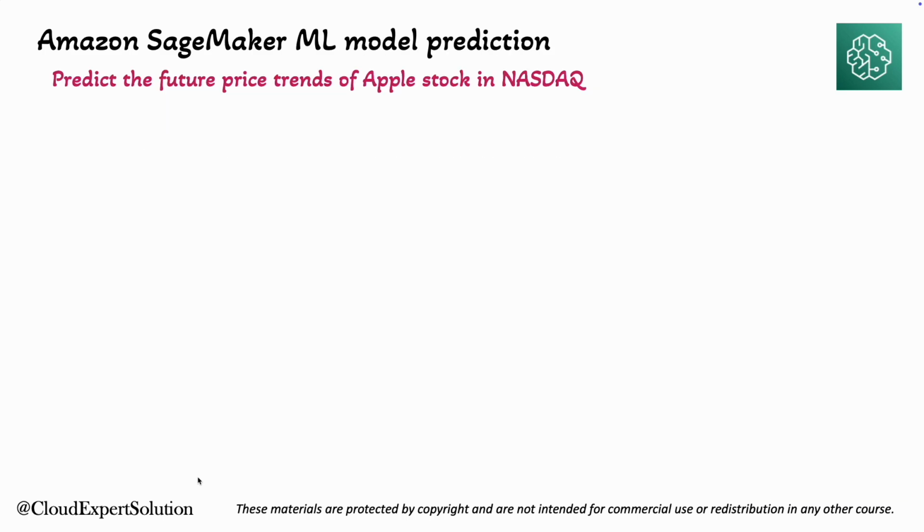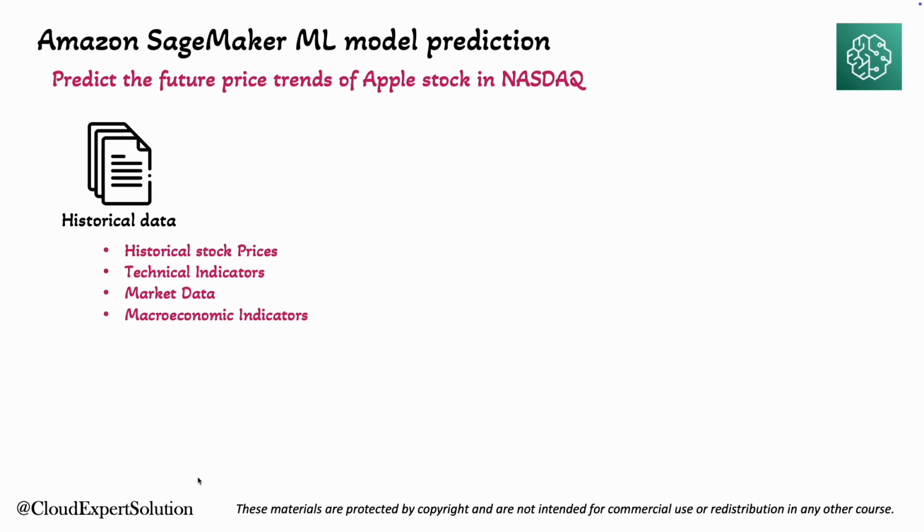Now we will review how Amazon SageMaker machine learning model prediction works. Let's assume that we want to predict the future price trends for Apple stock in NASDAQ. To start with, we'll first collect historical data. Historical data includes historical stock prices, including stock open, high, low, close price, and traded volume.